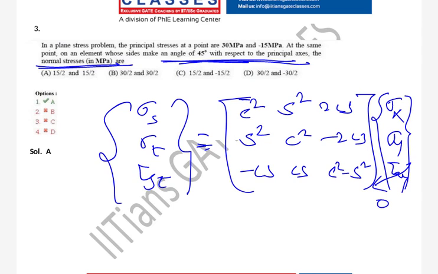Now here guys, since I have only to find sigma s and sigma t, only these are important. They haven't said plus 45 degree. They told it makes 45 with respect to principal. Consider generally the counterclockwise angle is positive. That way we can say.